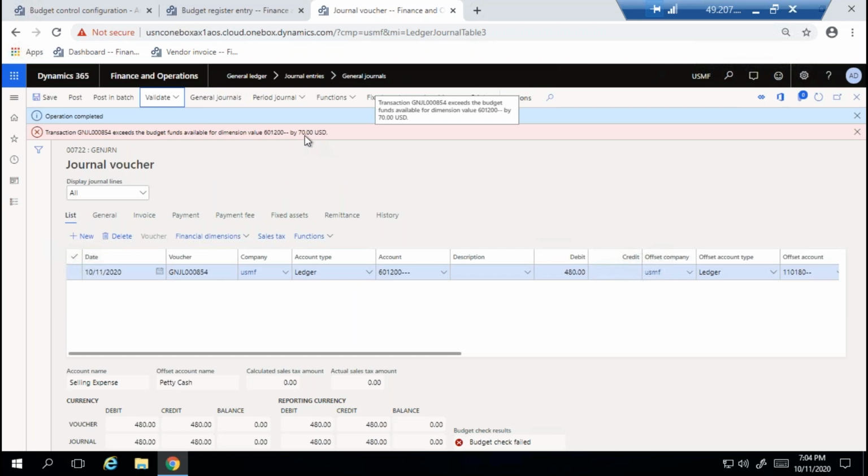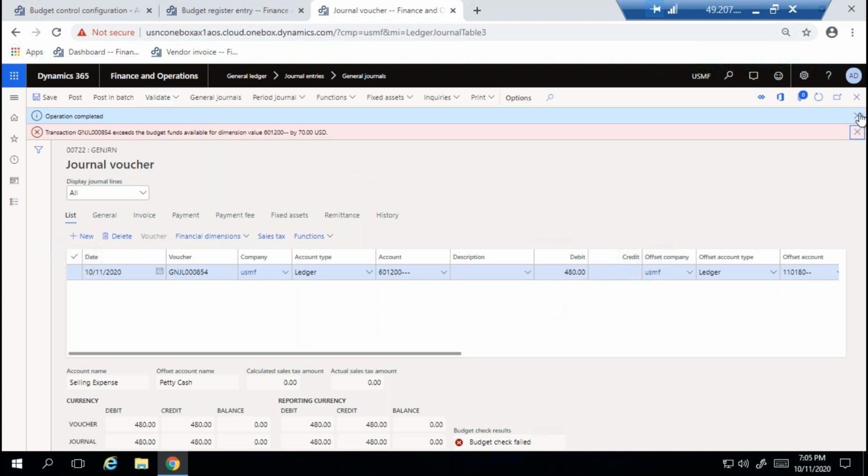Now, look at this one. 70 is crossed. It is exceeding the value. Exceeds the budget funds available for dimensional values. 70, because you have already used 50 and 40. Now the available fund is 410, so you cannot use more than 410. That means this is the difference between 410 and 480.